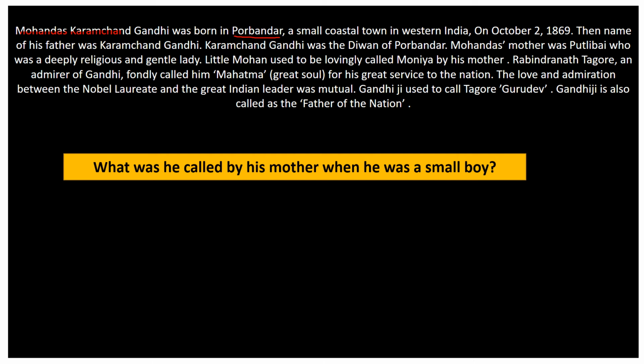I have marked a small coastal town, western India, on October 2. The name of his father, Karamchand Gandhi, I have marked. Then Diwan of Porbandar I have marked, and Mohandas' mother was Putli Bai. I have marked the name. Then I have marked Monya by his mother. Then Rabindranath Tagore I have marked. Then Mahatma, great soul, I have marked.